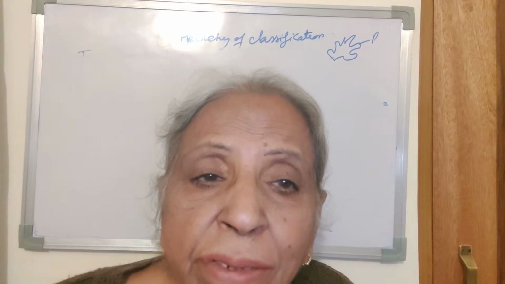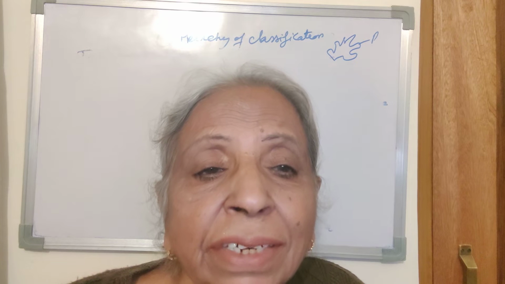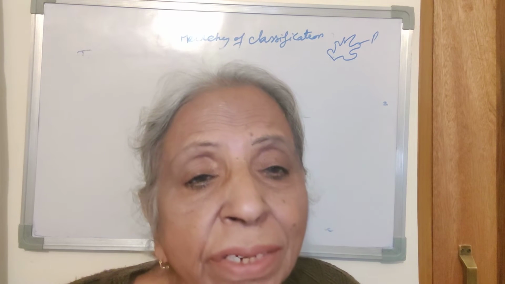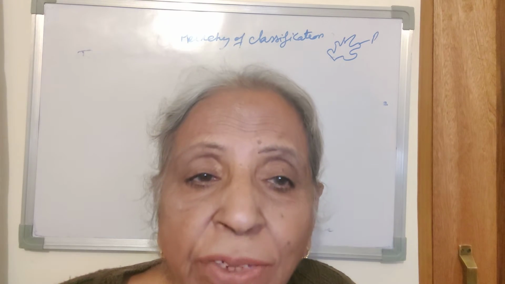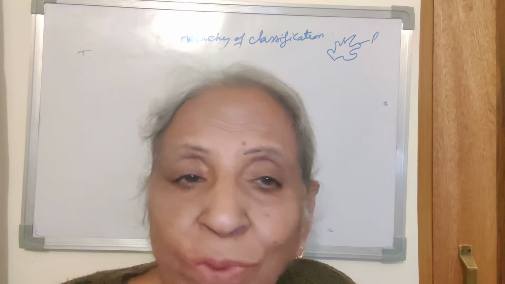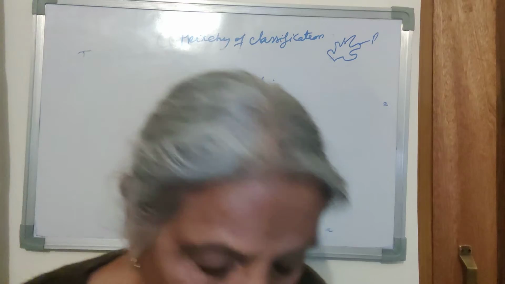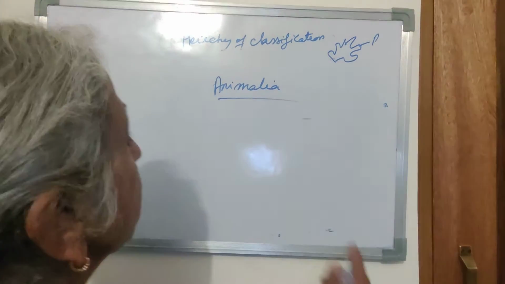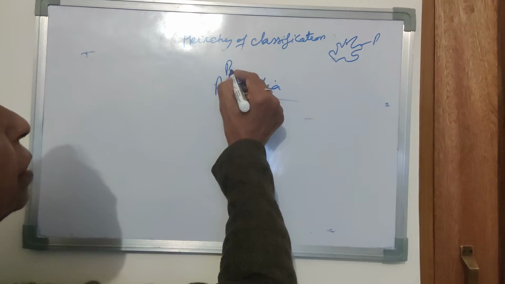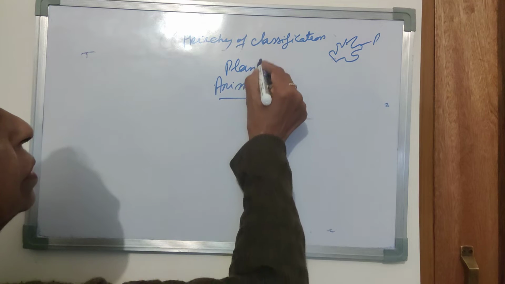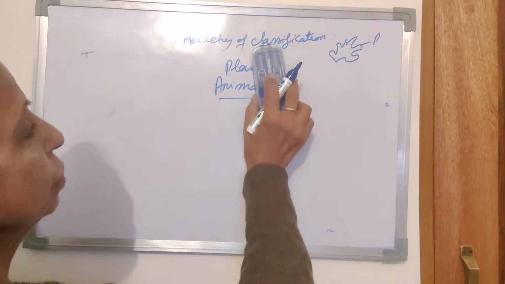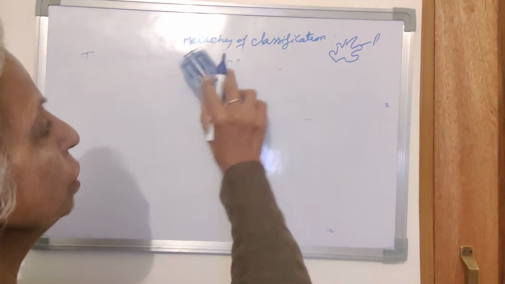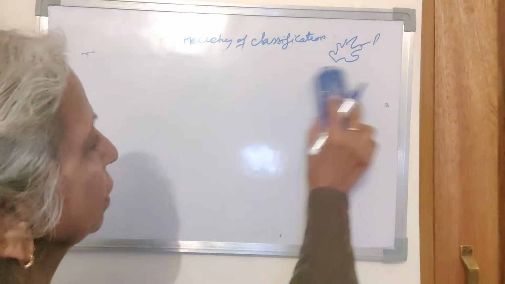They may be unicellular, they may be multicellular, and in multicellular organisms there might be presence of tissue. Tissues are organized to form organs, and organs are organized to form the organ system. So these two kingdoms, Animalia and Plantae, are very large. Today we will describe the Plantae.